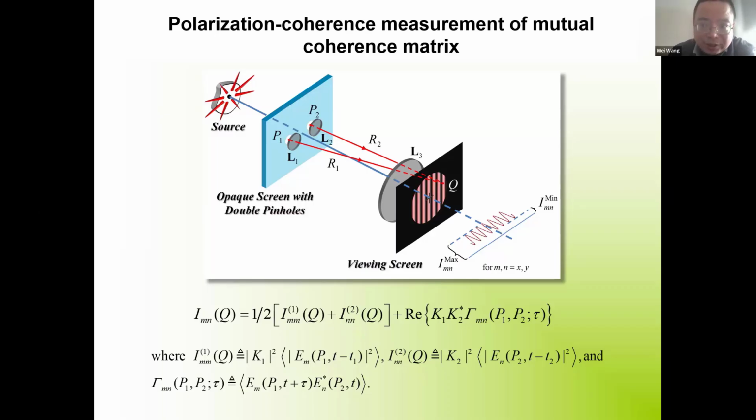By changing the transmission axis of the linear polarizer, we are able to do polarization filtering for the incident beam. The last linear polarizer, just before the viewing screen, is a linear polarizer at 45 degrees.